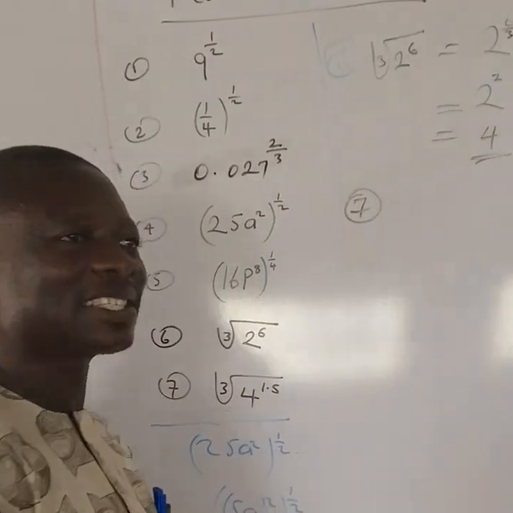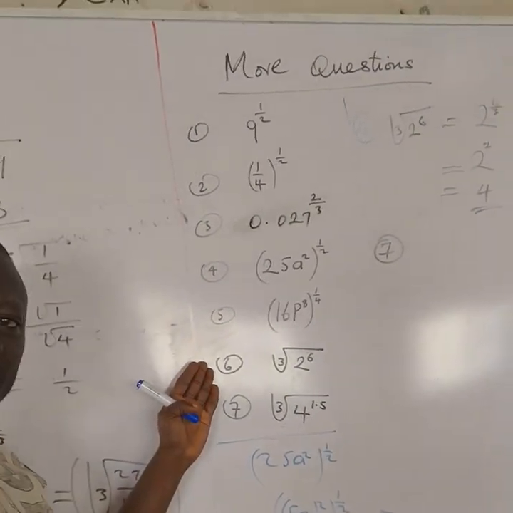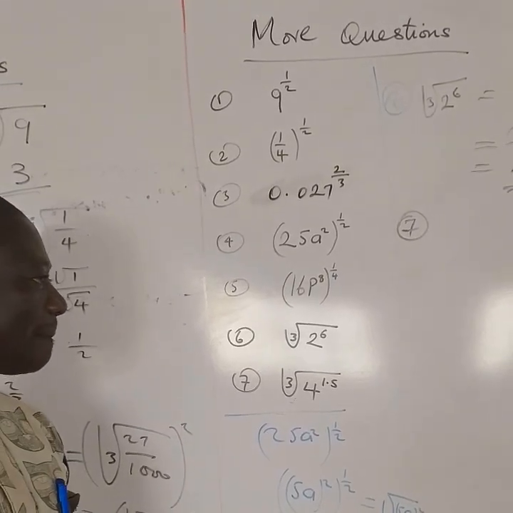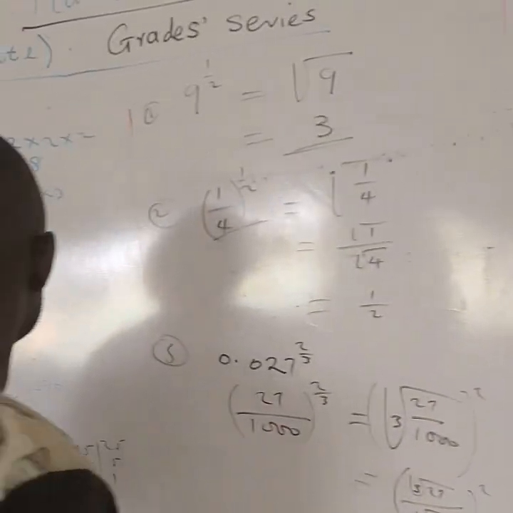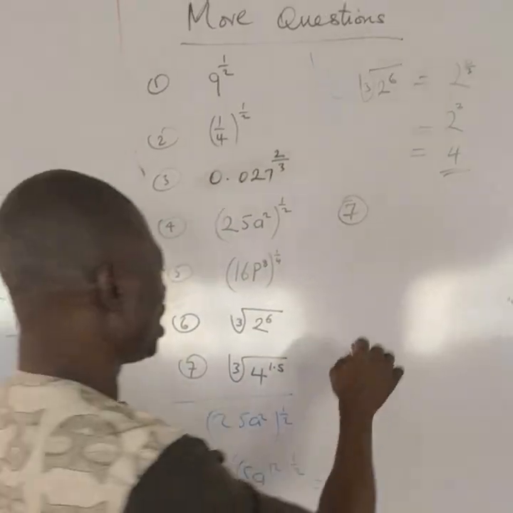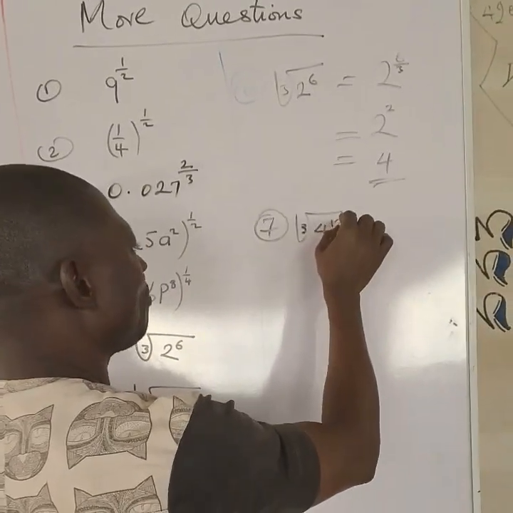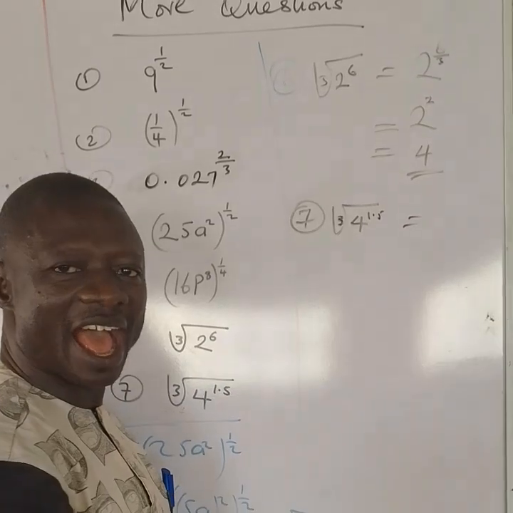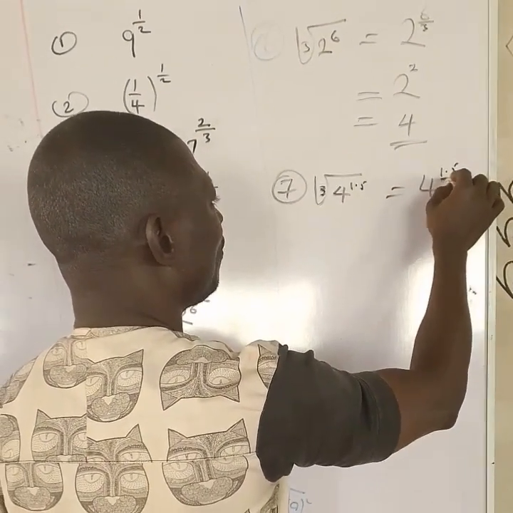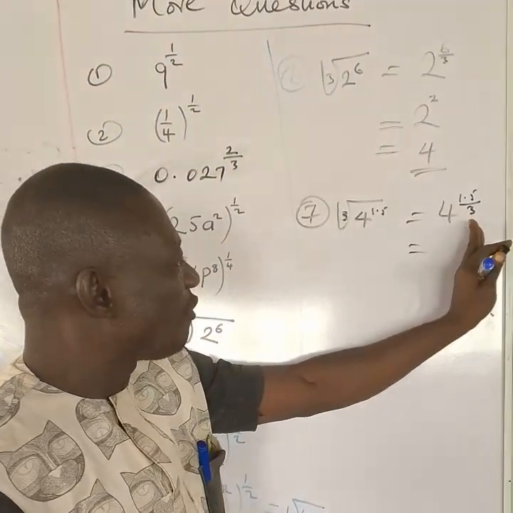Then number 7. Number 7 here is also similar to this number 6. But it has a decimal point as its power. That also shows us that we're going to do something like what we did here. Take it back to its origin: cube root of 4 raised to the power 1.5 is going to be 4 raised to the power 1.5 divided by 3. 1.5 is half of 3.